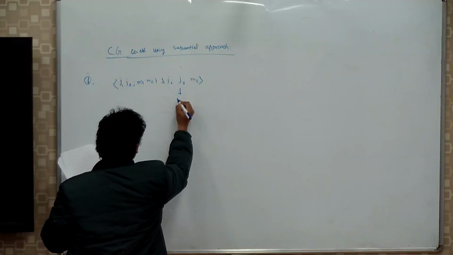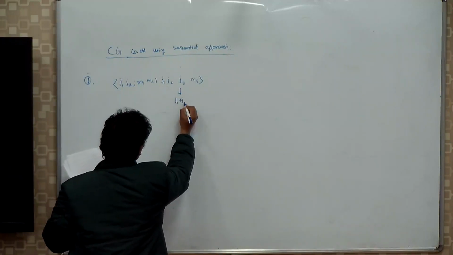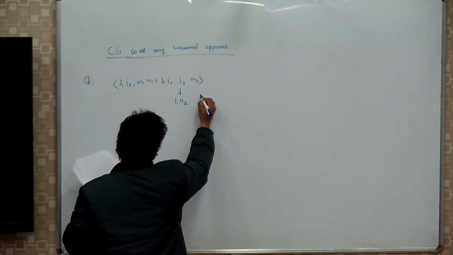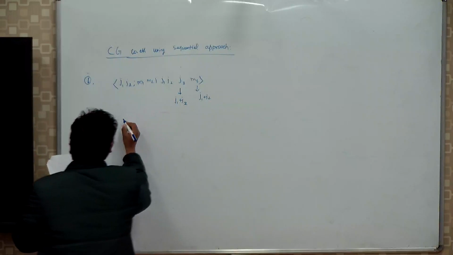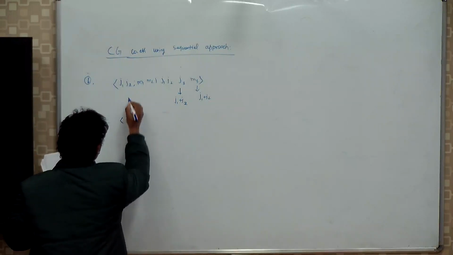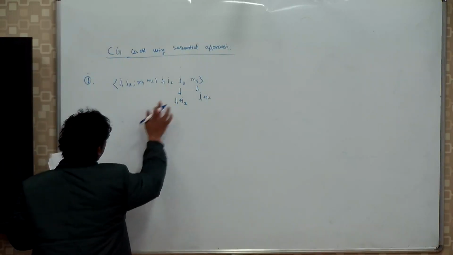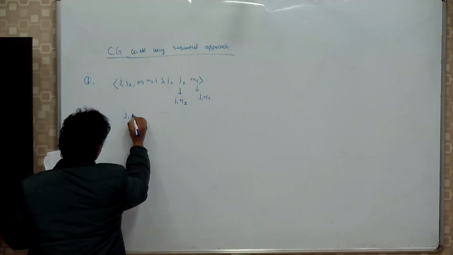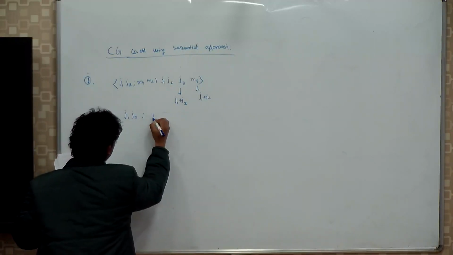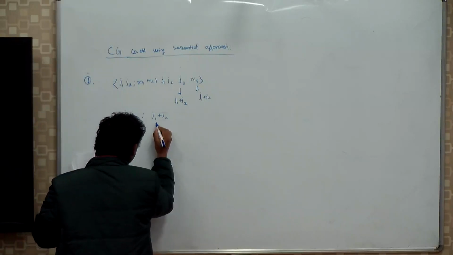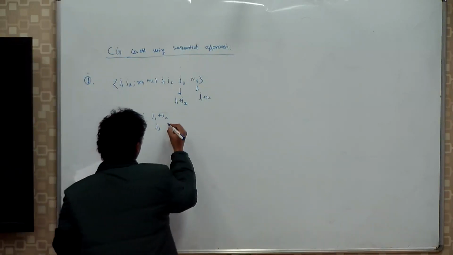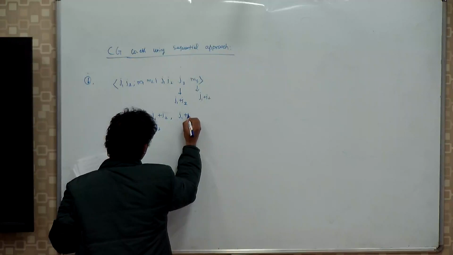So this is nothing but J1 plus J2, and this will also be J1 plus J2. In that case we can omit it and simply follow J1, J2, J1 plus J2, which is nothing but J3, and M3 is also J1 plus J2.